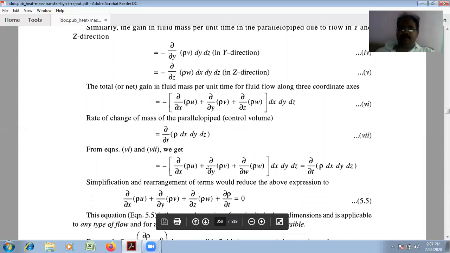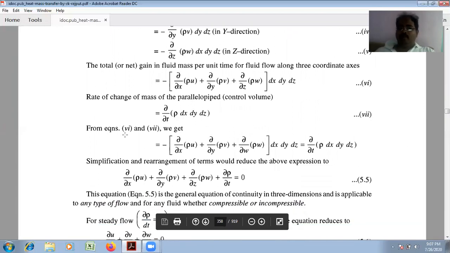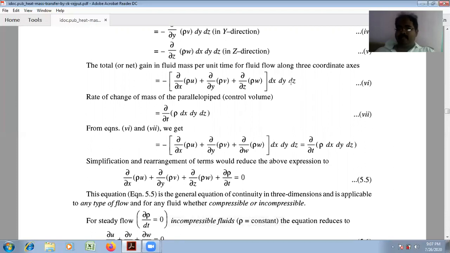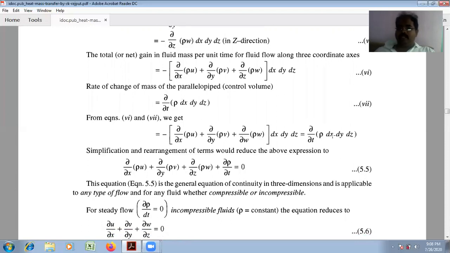Okay, let us conclude from equations 6 and 7, these two equations. Both are equal and opposite. So we conclude that minus del upon del x of rho u plus del upon del y of rho v plus del upon del z of rho w, times dx dy dz, is equal to del upon del t of rho dx dy dz. Since dx, dy, dz are common, let us cancel them out.